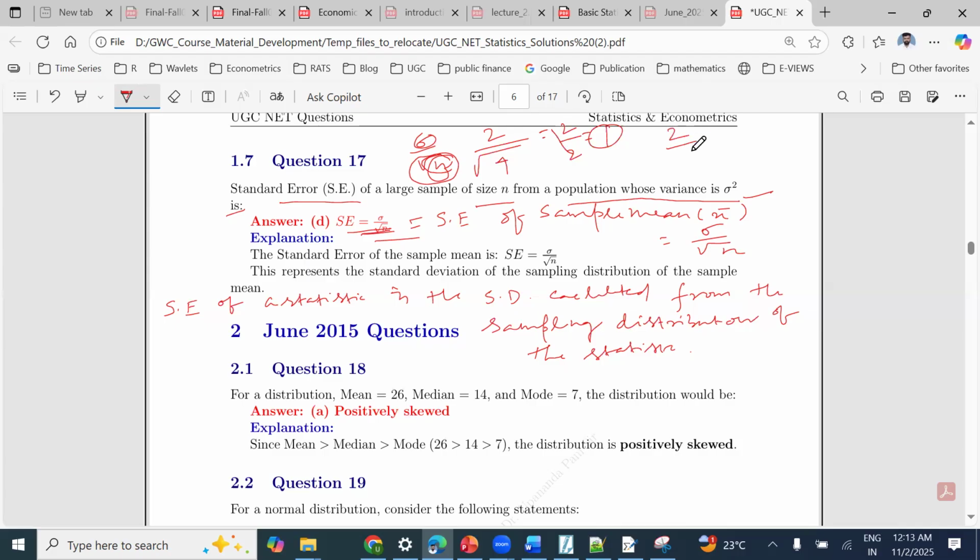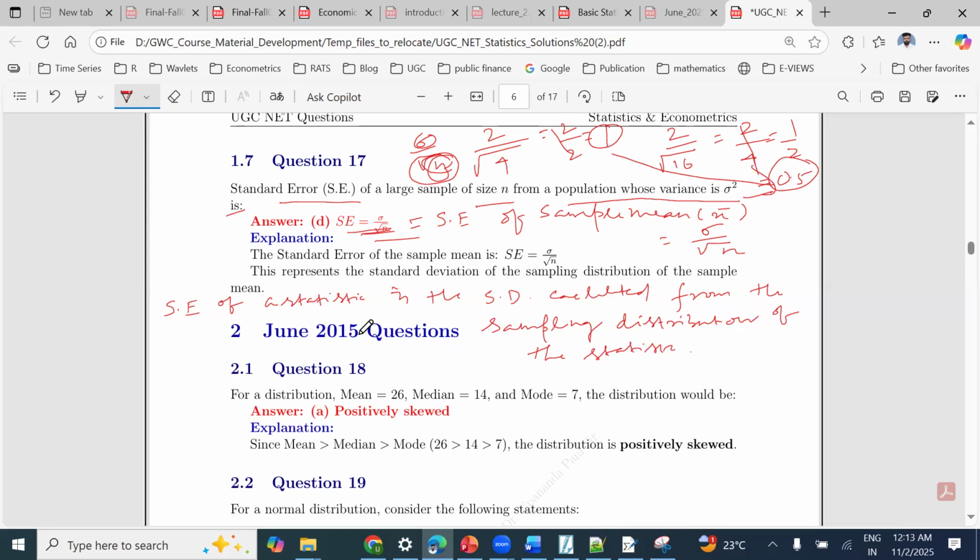Now we will take 16. Standard deviation is, let's assume, 2. By 4. So what will it be? 2 by 4 is 1 by 2, which is 0.5, na? Yes, sir. So this is a decrease or not?